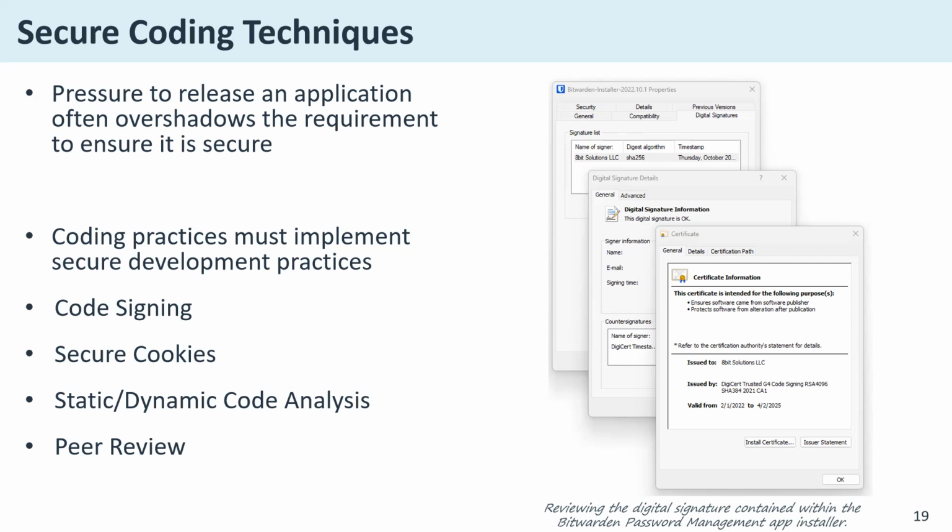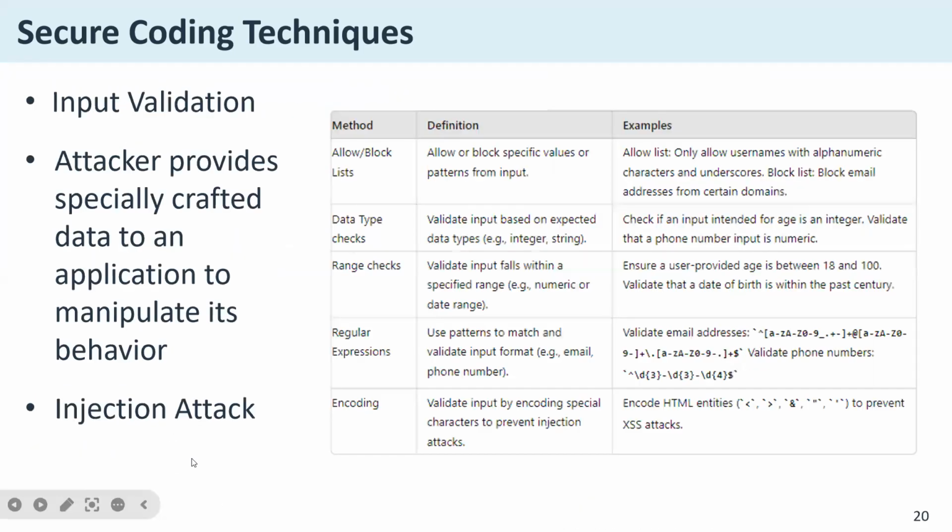Whereas for dynamic code analysis, you could use some software to run the application and see if it contains malware. And peer review also comes in handy. You can interact with your colleagues and collaboratively check your code base.